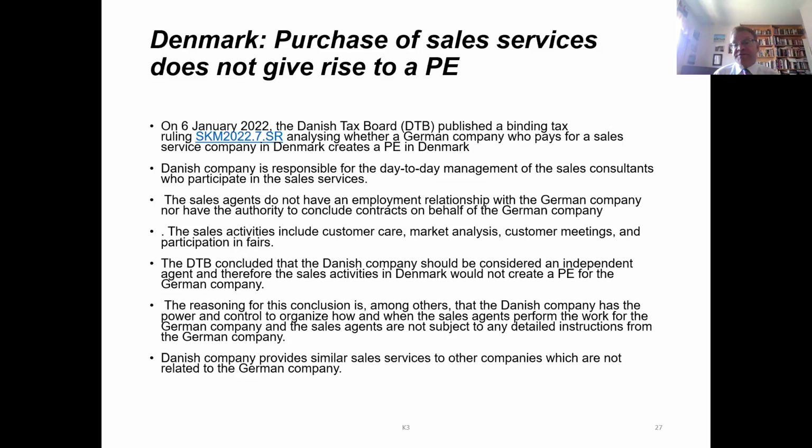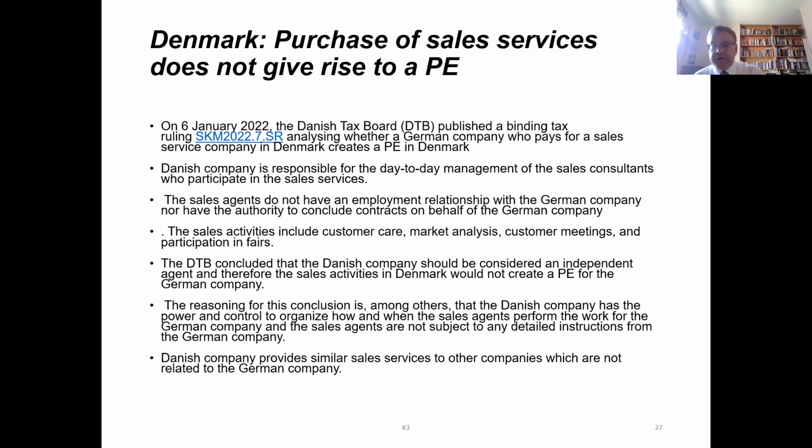The Danish company is responsible for the day-to-day management of the sales consultants. The sales agents do not have an employment relationship with the German company. The sales activities include customer care, market analysis, customer meetings, and participation in trade fairs. The DTB concluded the Danish company should be considered an independent agent, and the sales activities in Denmark would not create a PE for the German company.